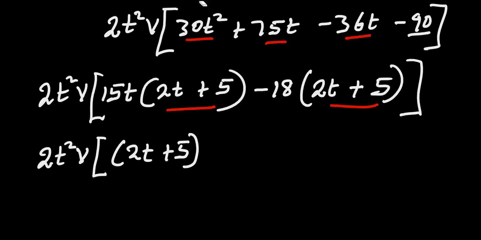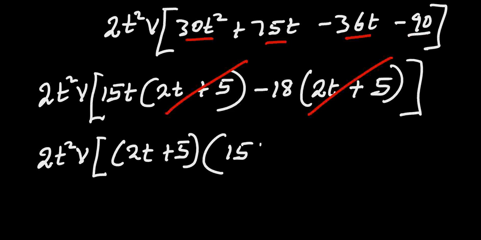So now, if you cancel this term from here, you are left with 15t minus 18. So you can put that in parentheses, 15t negative 18.